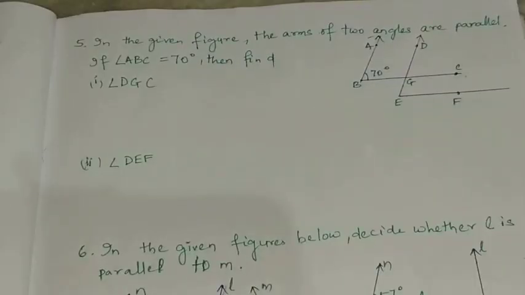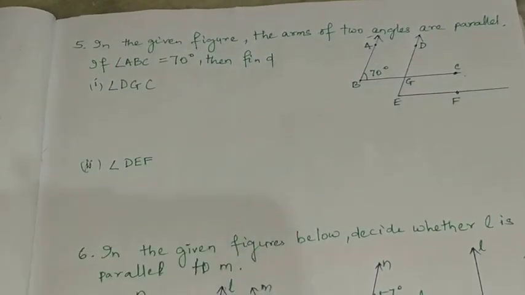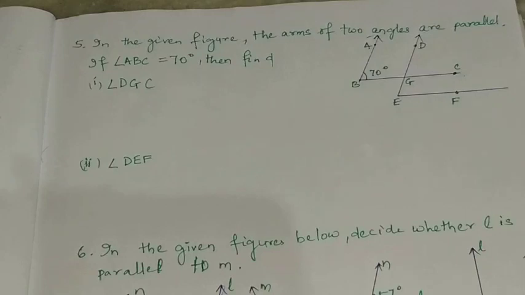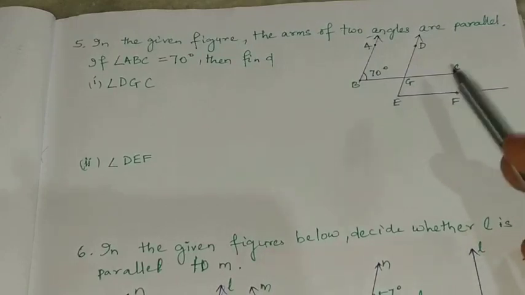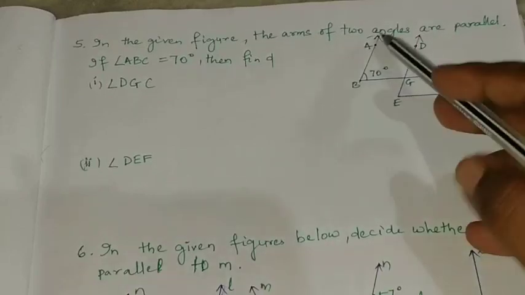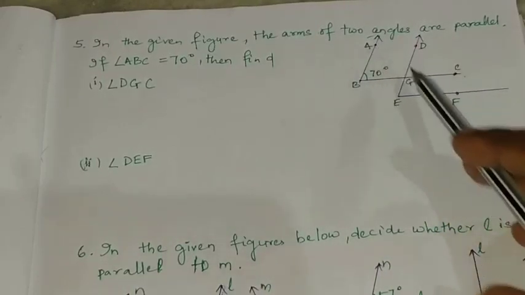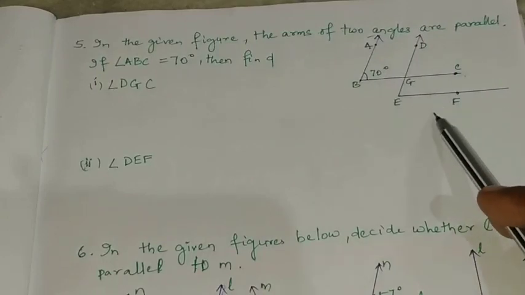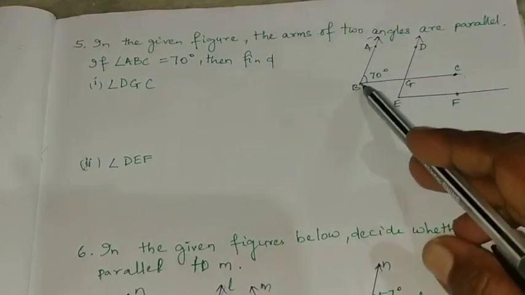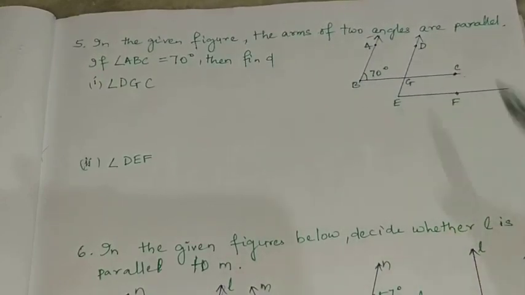Next, question number 5. In the given figure, the arms of two angles are parallel. So look at this figure. It has two angles given, and the two angles have four arms and their arms are parallel. Means AB is parallel to DE, BC is parallel to EF.